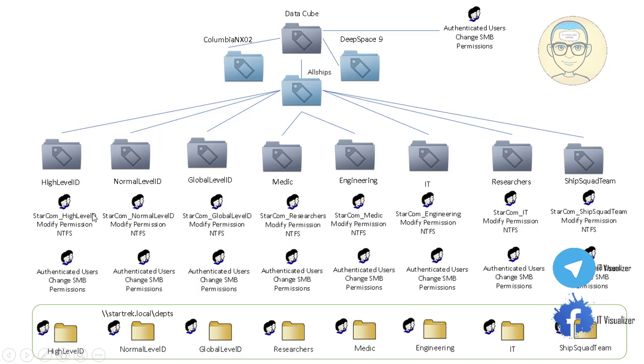So the StarCom level will have NTFS permission modify and SMB share permission read on the high level folder in the depths. We can see here that it is read permission on all of them. And the last step is that every folder will point to its folder, the folder that we need them to access.